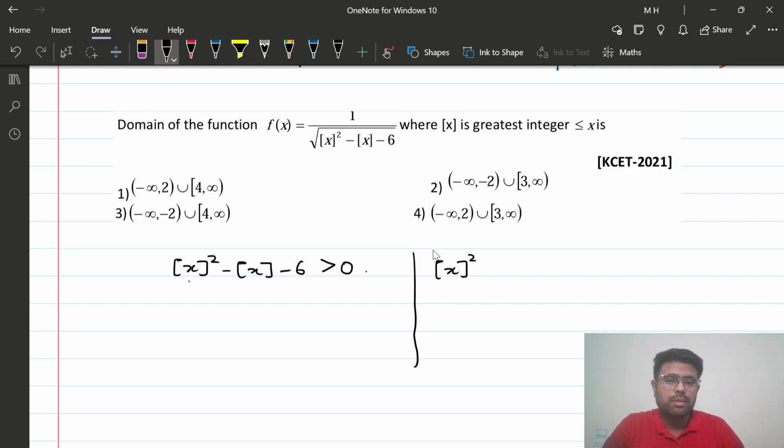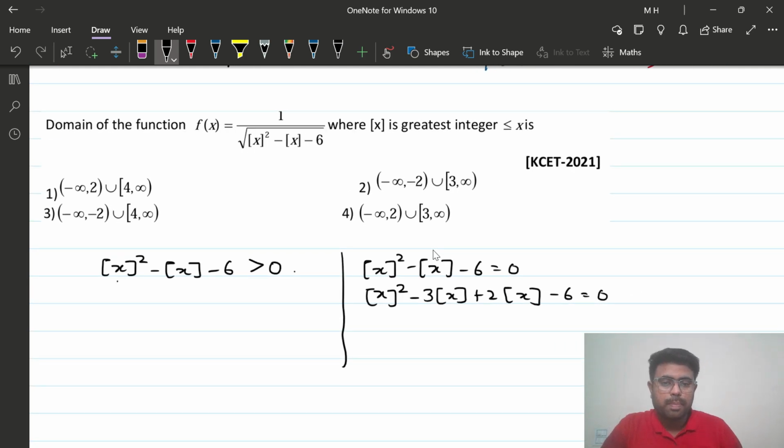Box x whole square minus x minus 6 equal to 0. If I make it equal to 0, what do I get? I'll get box x whole square. Can I write it, by factorization, as 3 box x plus 2 box x minus 6 equal to 0, right?